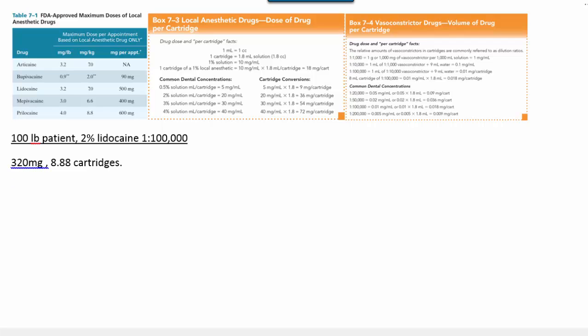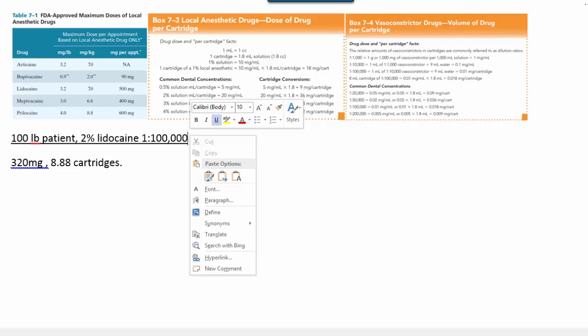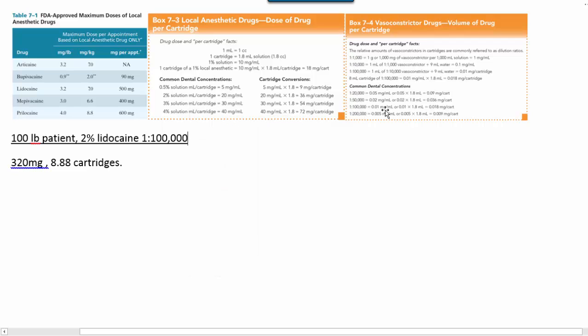But let's calculate how much epinephrine that would be. 1 to 100,000 epinephrine. We see over here a 1.8 milliliter cartridge has 0.018 milligrams of vasoconstrictor in it.